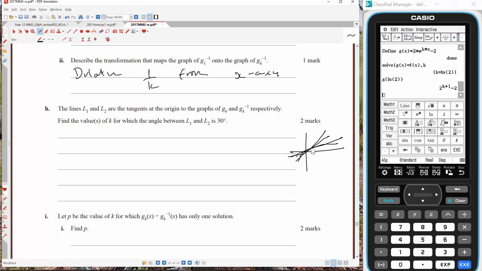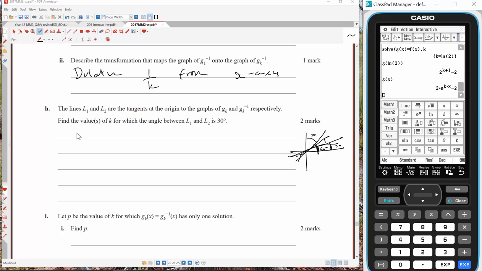This top tangent here, if that one is going to be 60 degrees, then the tangent to the bottom one is going to be 30 degrees, which leaves 30 degrees in between. So what's g of x again? g of x is the original function.